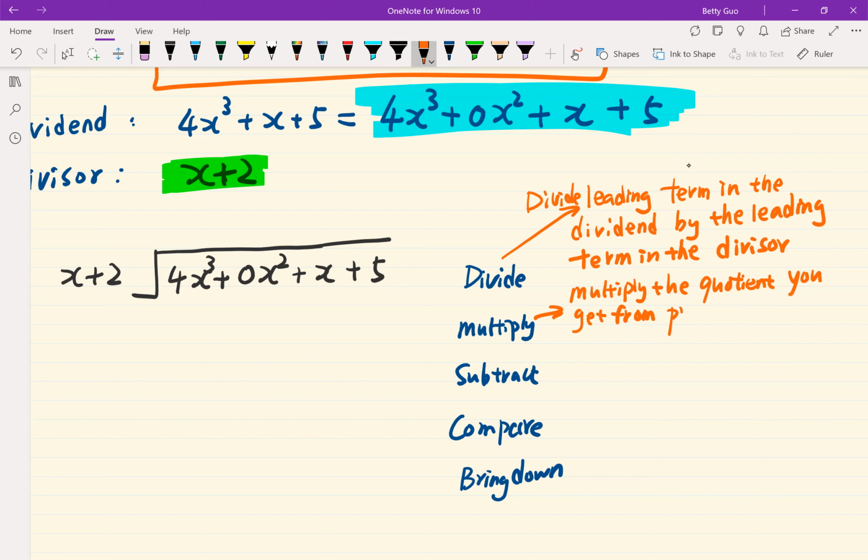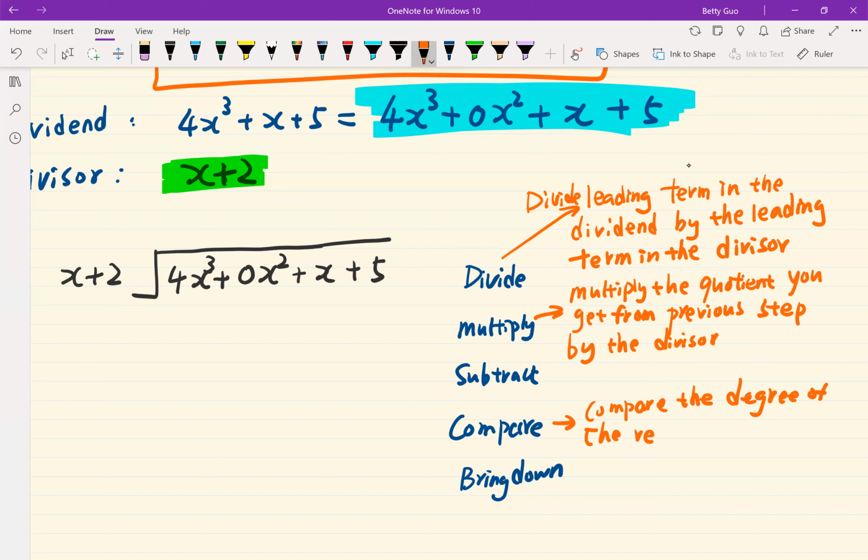I'll show you that process. Let's say compare the degree of the remainder with the degree of the divisor.